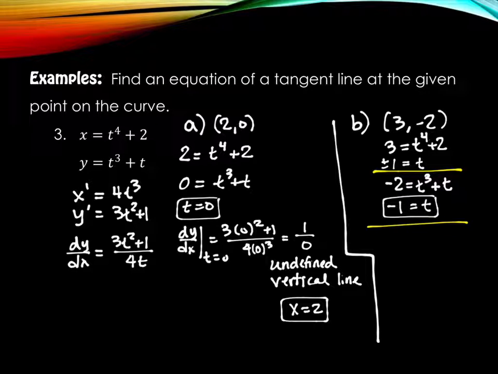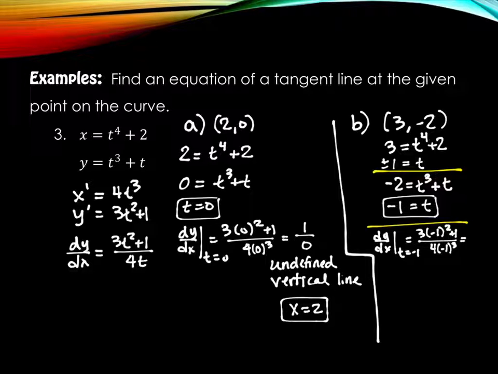Okay, is that all right? So now we're going to take that same dy/dx and evaluate it at t equal negative 1. So I have 3 times negative 1 squared plus 1 over 4 times negative 1 cubed.